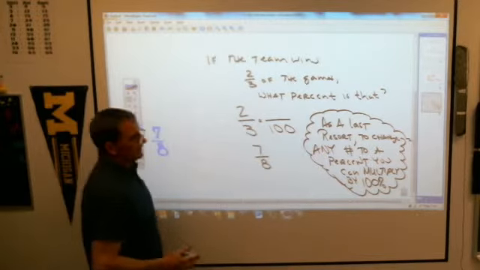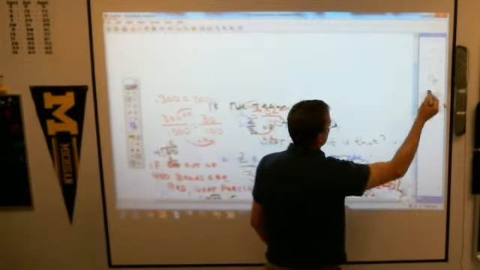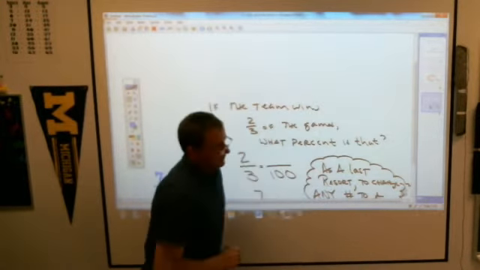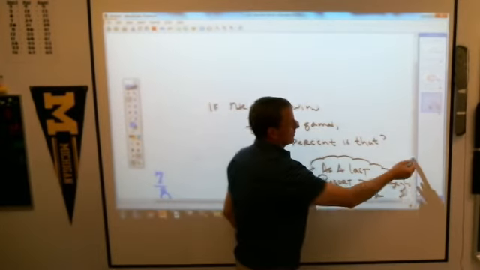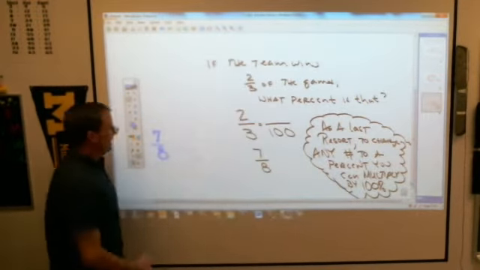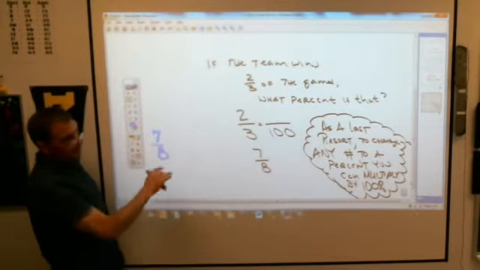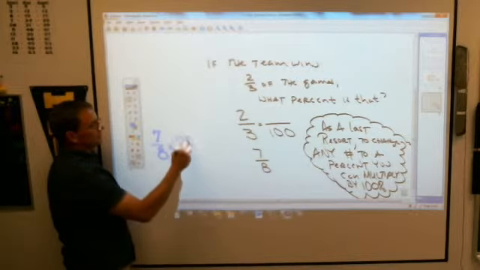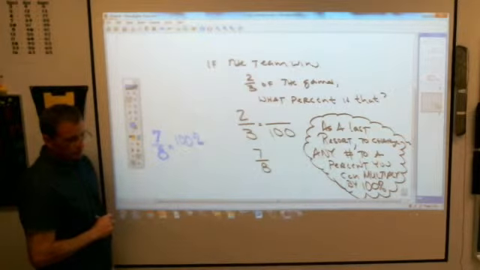If you can, you want to do what we did here, change the fraction. But if you can't, it's going to take a little work. The rule says, as a last resort, you can take any number, fraction, decimal, whatever it is, and multiply it by 100%. You don't have to worry about the percents, just multiply it by 100, and you'll get the percent.